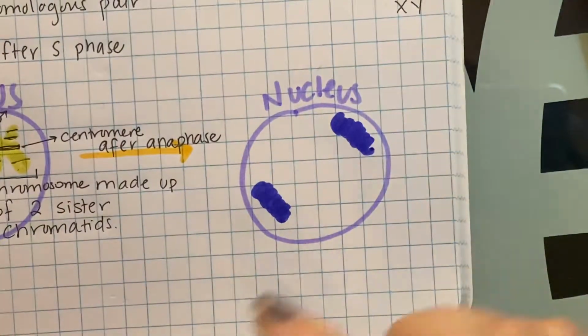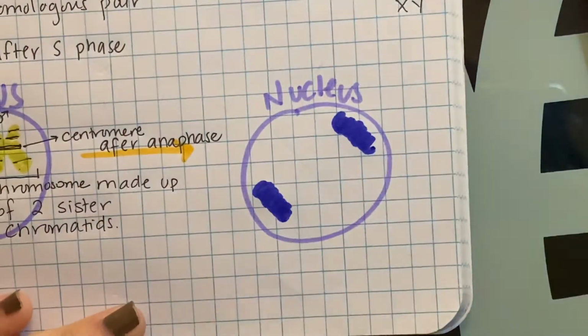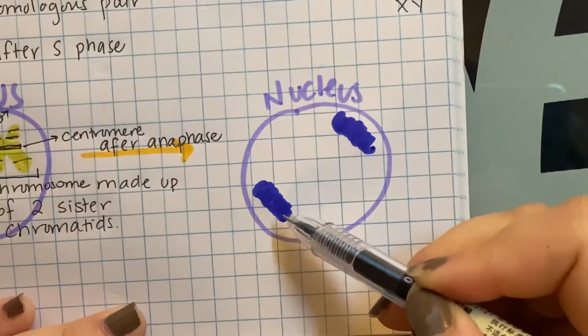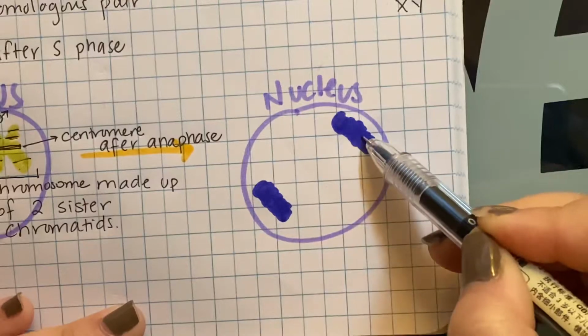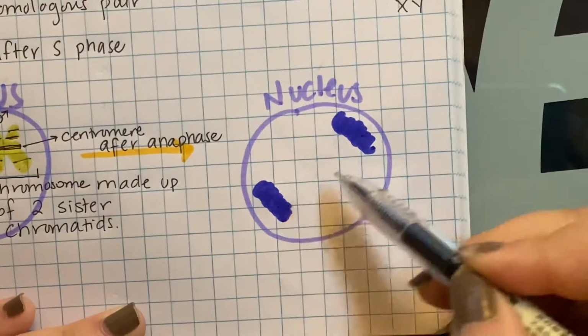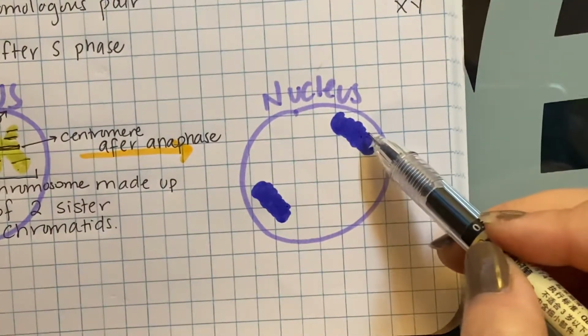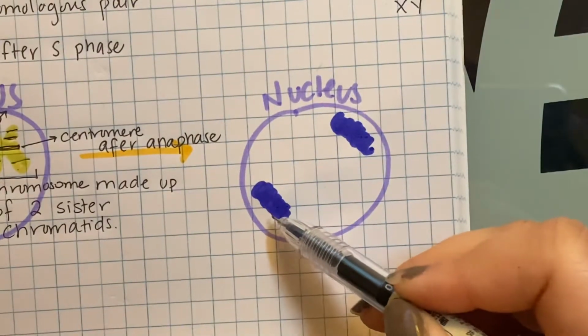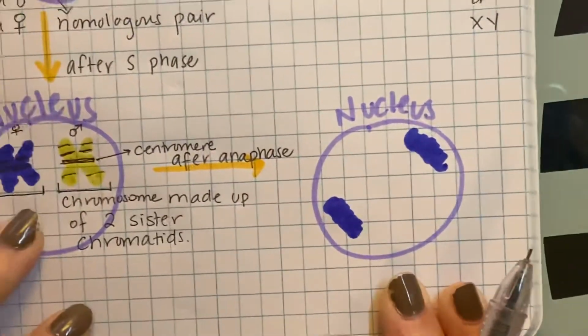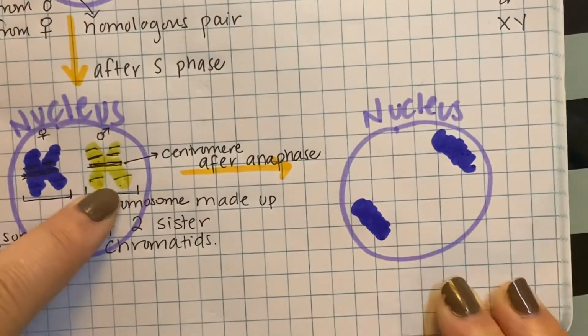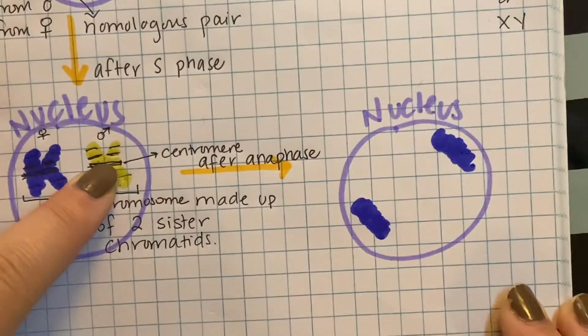So before they were connected by the centromere, after anaphase, the centromere gets pulled apart and one chromatid is here, one chromatid is here. Because they're now separate from each other, they're not bound to each other anymore, they're referred to as chromosomes again. So you only have chromatids when they are bound to each other by a centromere.